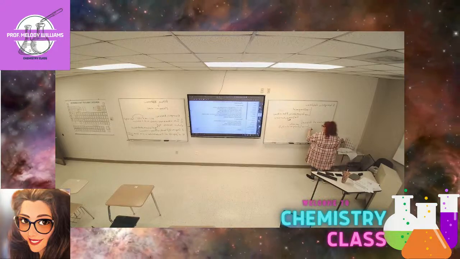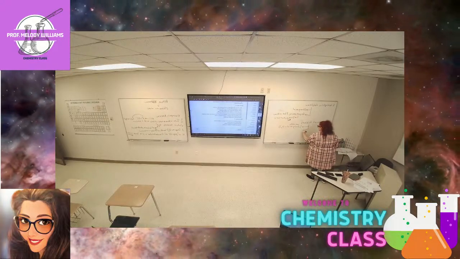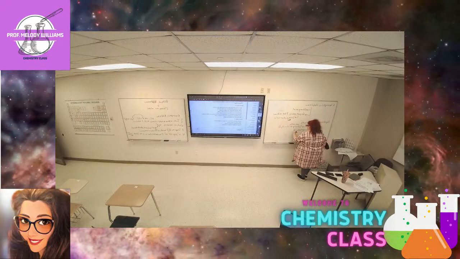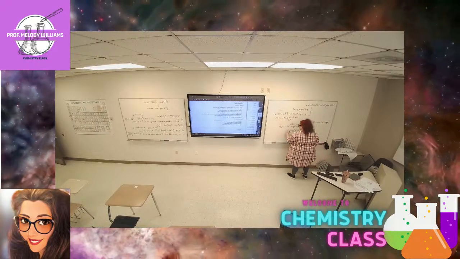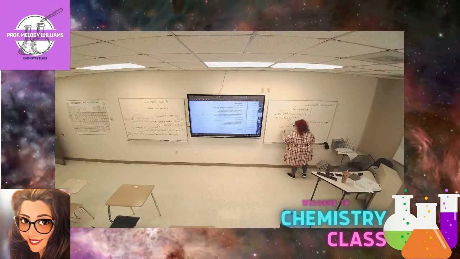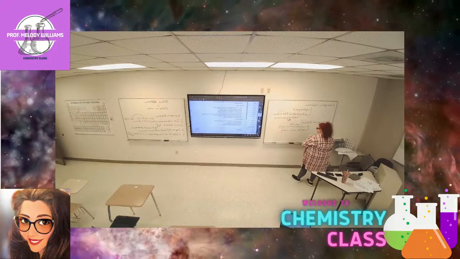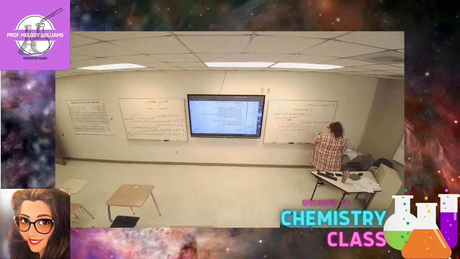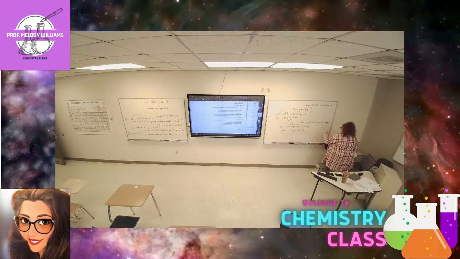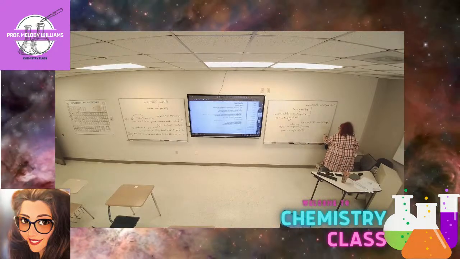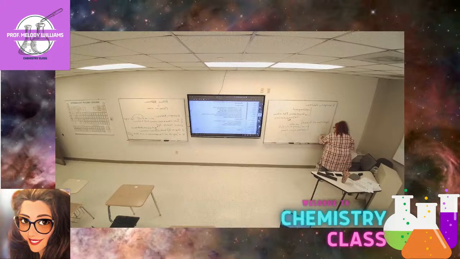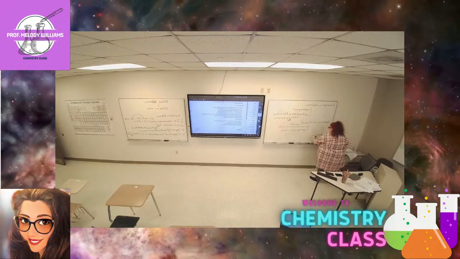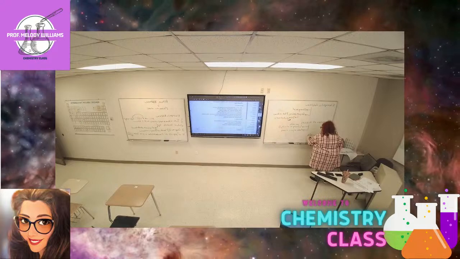This is how we make organic alcohols, right? How we make organic alcohols. Then we talked about halogenation of alkenes.